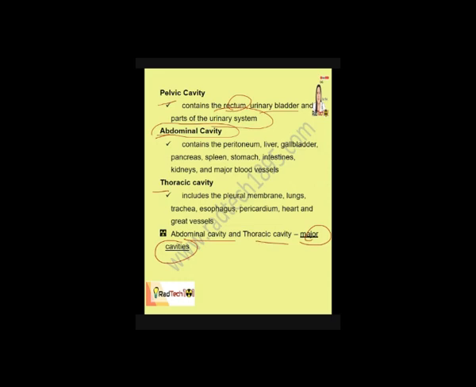While abdominal cavity contains the peritoneum, the liver, the gallbladder, pancreas, spleen, stomach, intestines, kidneys, and major blood vessels, plus the contents of the pelvic cavity. Kasama na siya dyan. Thoracic cavity includes the pleural membrane, the lungs, trachea, esophagus, pericardium, heart, and the great blood vessels.